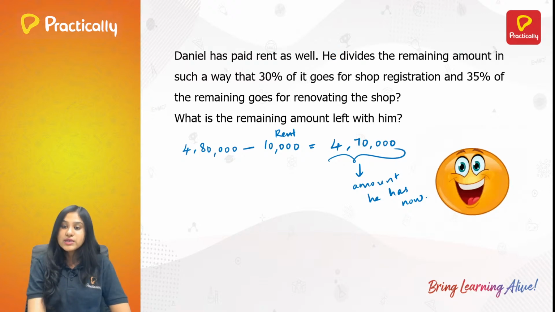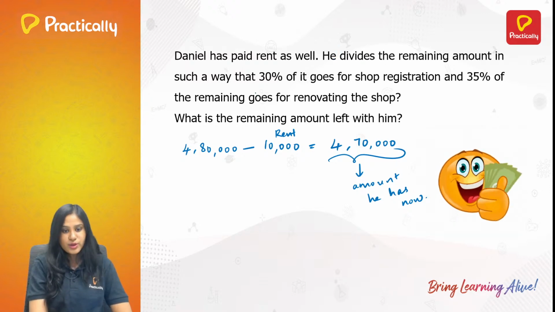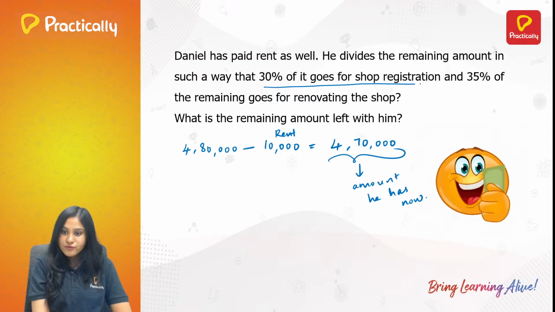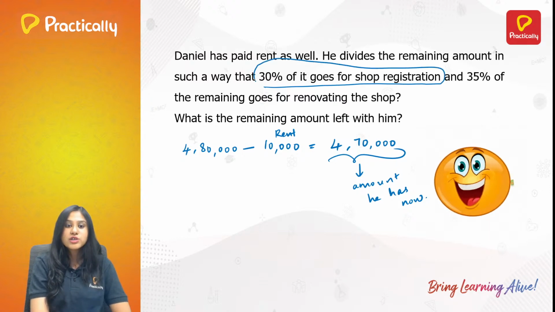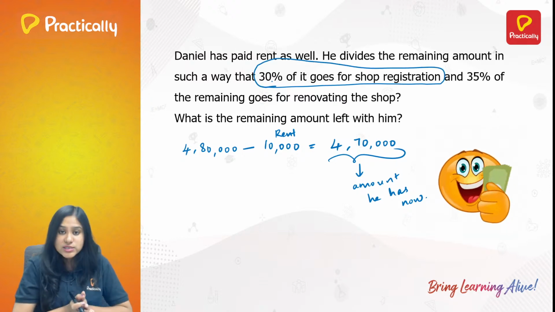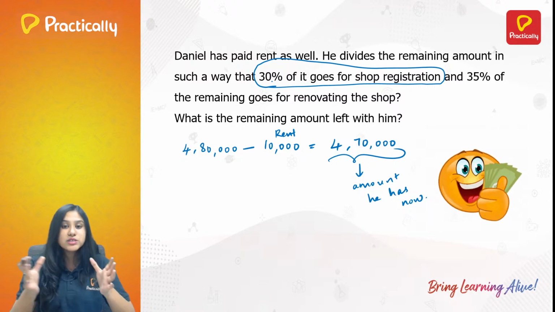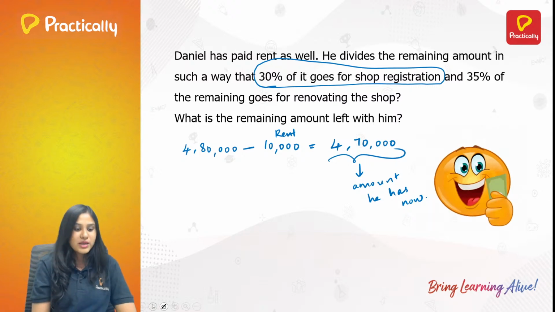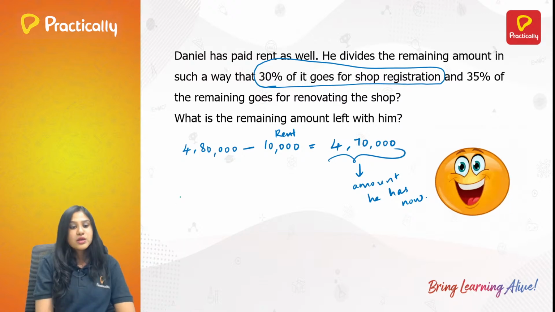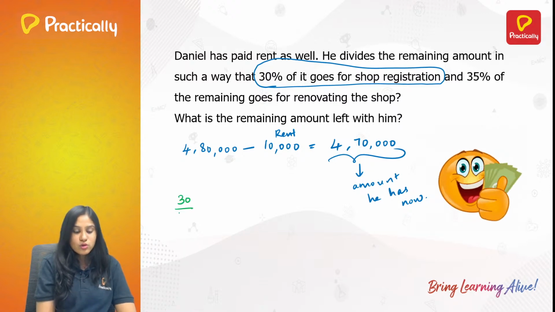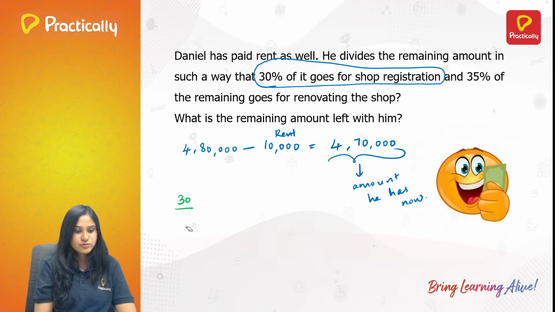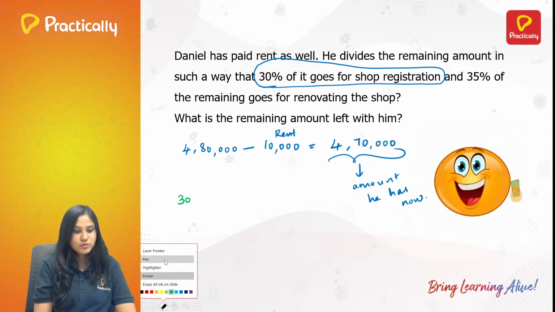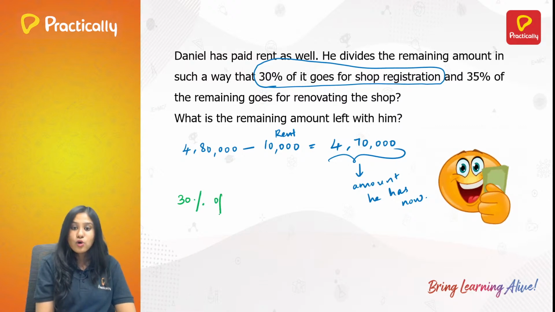He divides the remaining amount in such a way that 30% of it goes for shop registration. What have we just decided? How to calculate percentage of something? Let me change the color here. So 30% of it.